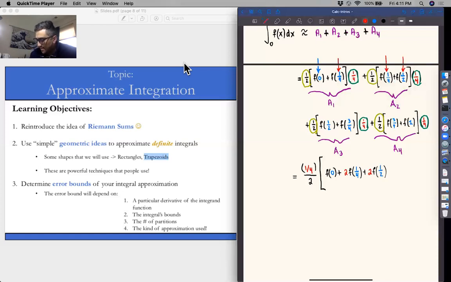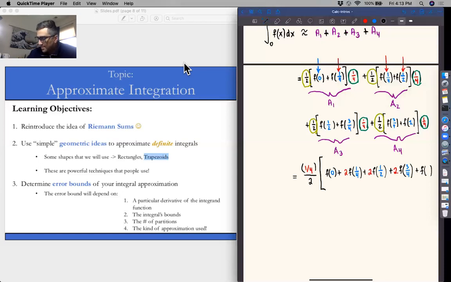And in a similar vein, we have 2 different function evaluations of f of 3/4 coming from the third and the fourth trapezoids. But then we're going to see that there's only one f of 1 evaluation at the rightmost endpoint of our integration interval. So we only have +1 f of 1.